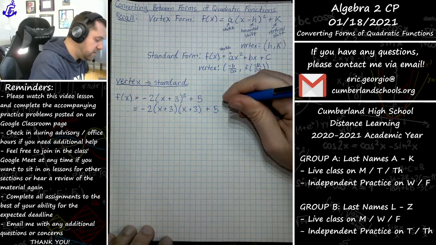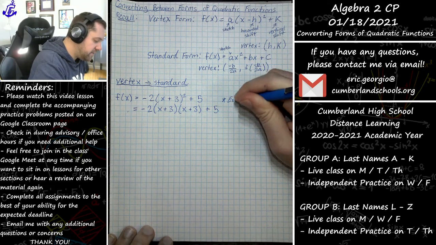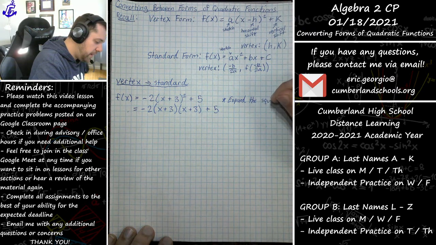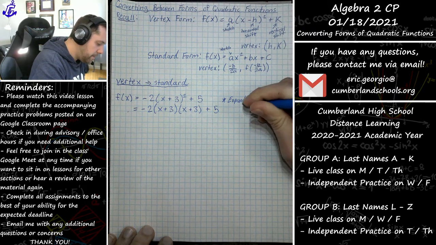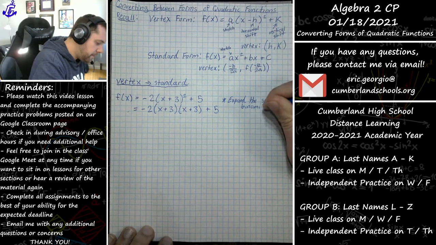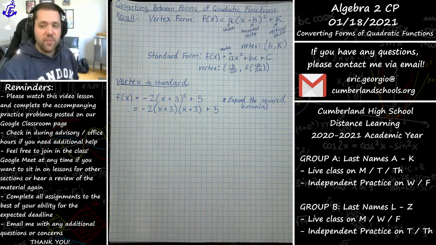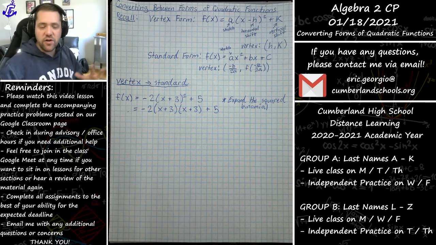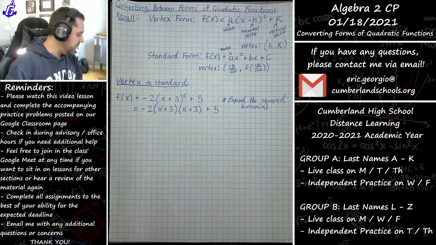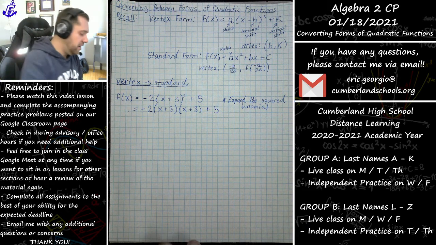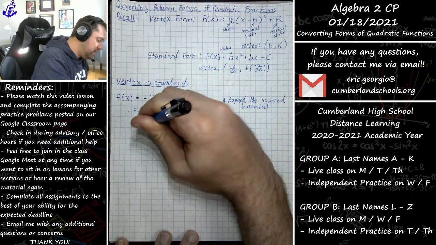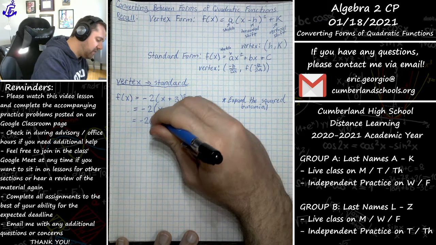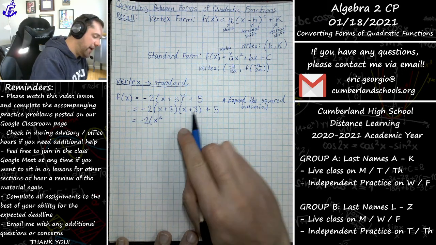So what we can really do here is expand the squared binomial. And now that we have that, we can use our distributive property, combine like terms, and rearrange such that it looks like it's in standard form. So take a look. We're going to get negative 2 times, let's do first, outer, inner, last, x squared plus 3x plus 3x.